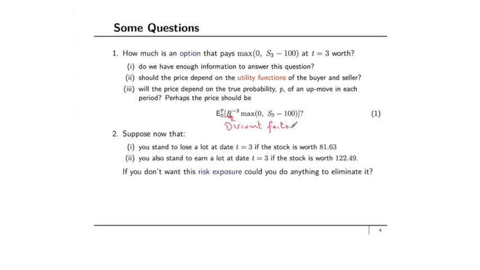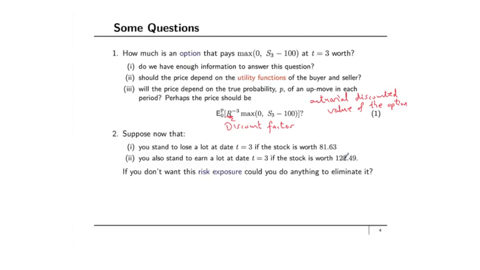So in fact, this total quantity here could be called the actuarial fair value. Actuarial discounted fair value of the option. But is this how much the option should actually trade for in practice? I don't know, or at least we don't know yet. We'll answer that question pretty soon.